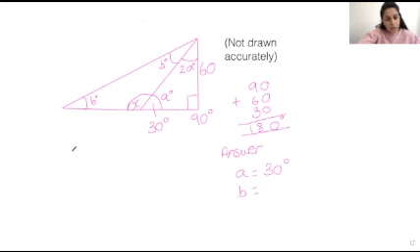So 180 take away 30 equals 150 degrees. So this angle here is 150 degrees.